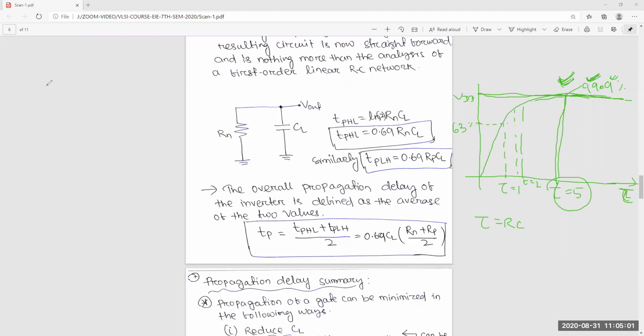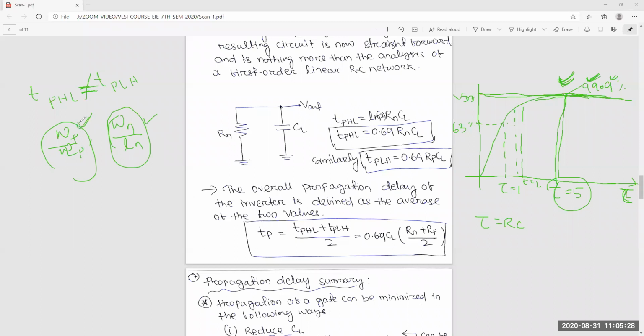TPLH. Okay, and sometimes this TPHL and TPLH are not exactly equal. So it depends upon the WP by LP or WN by LN.